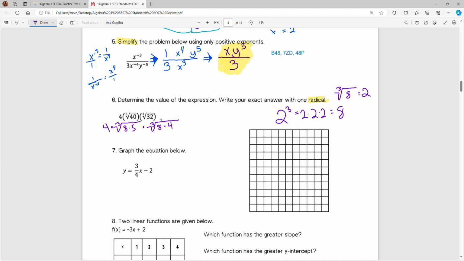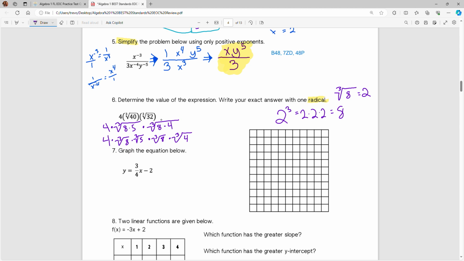So I can now separate these, getting messier again. 4 times the cubed root of 8 times the cubed root of 5 times the cubed root of 8 times the cubed root of 4.